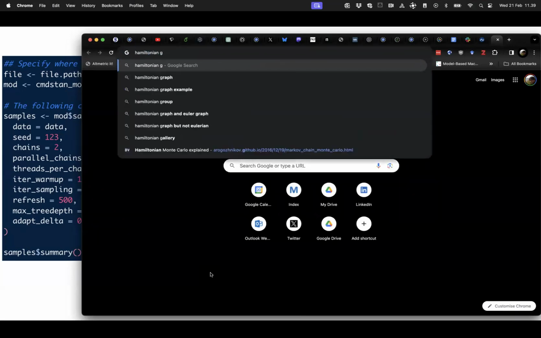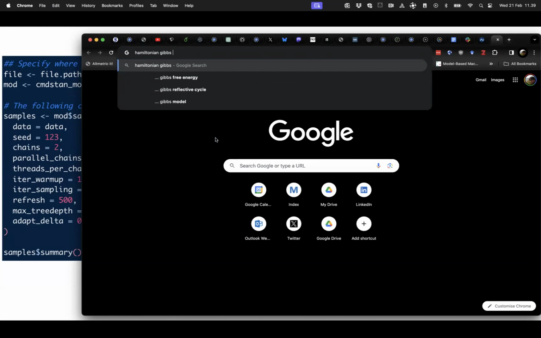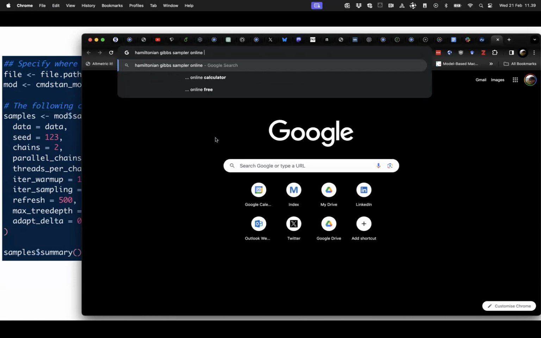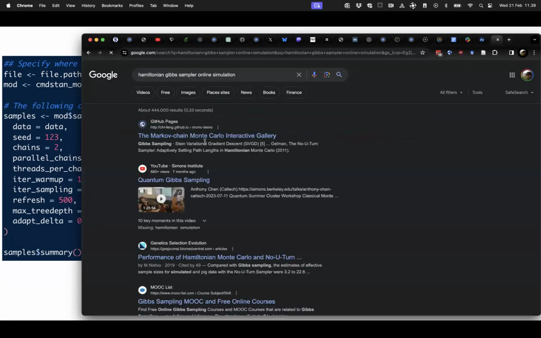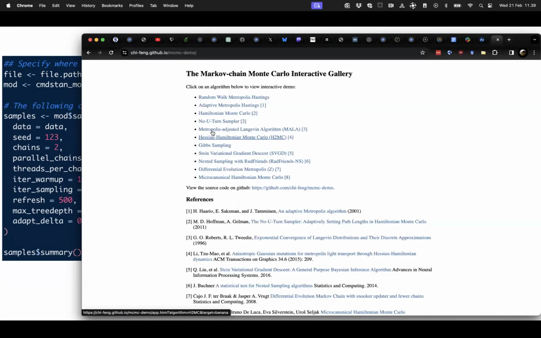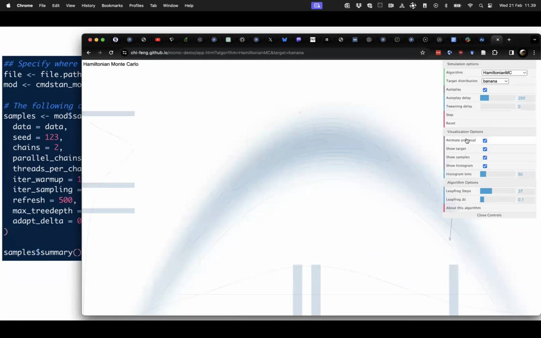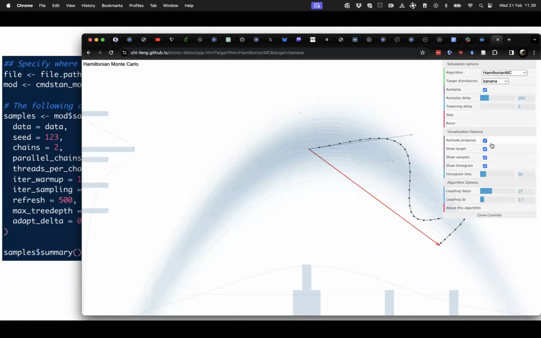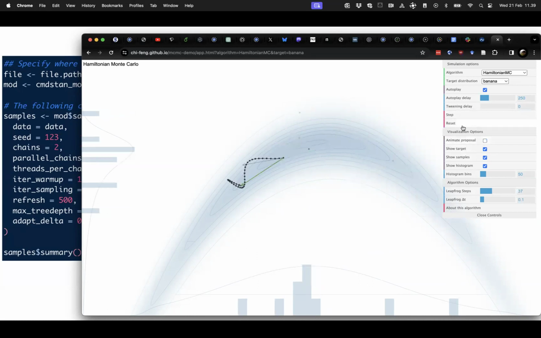Okay, so let's take the Hamiltonian Monte Carlo, and then let's stop it because we cannot really. Where is that? Stop. No, where do I stop it? Oh, autoplay. Yes. Then we reset.